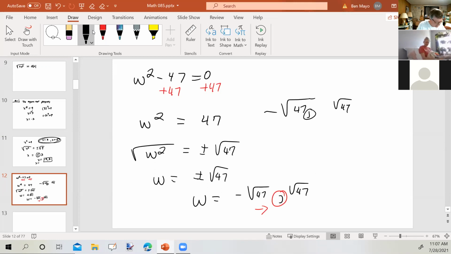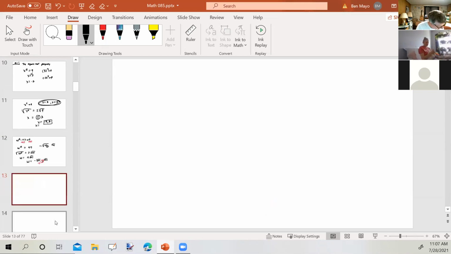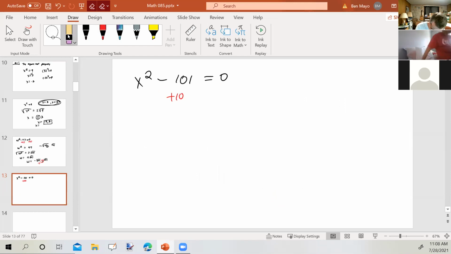All right, let's see here. We have x squared minus 101 equals 0. I'm going to isolate the perfect square term.